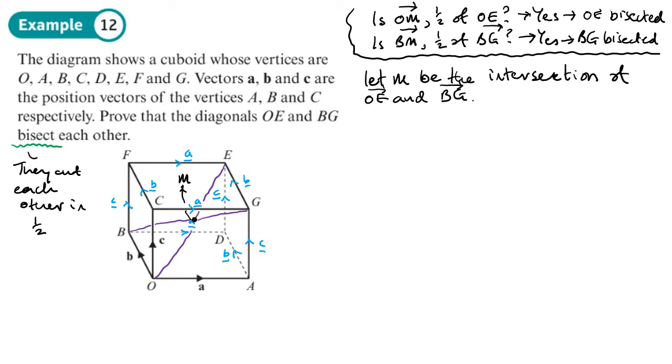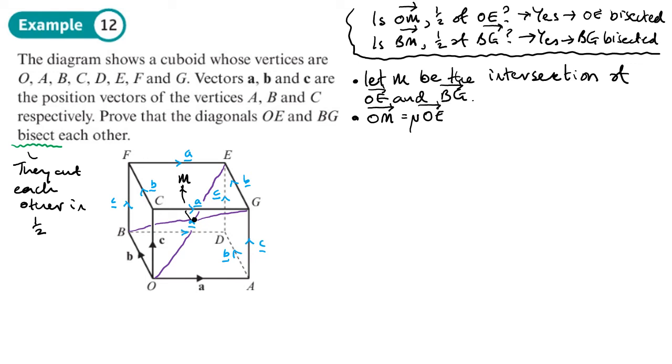So that will be my first step. The next step is to then set out a couple of statements. So if I want to prove that OM is half of OE, what I basically want to prove is, let's write down, OM, O to M, is some scalar multiple of OE.